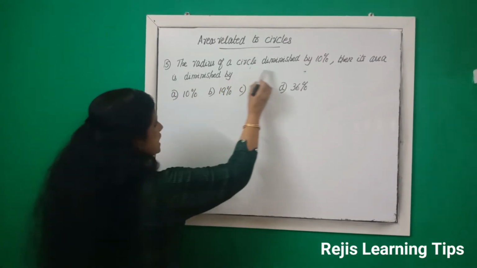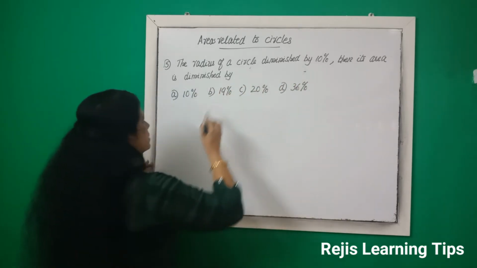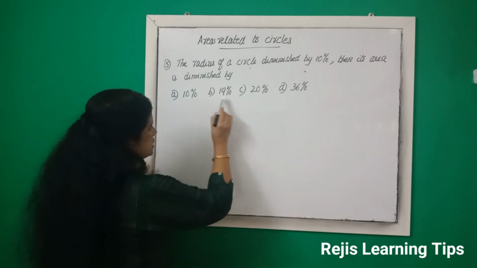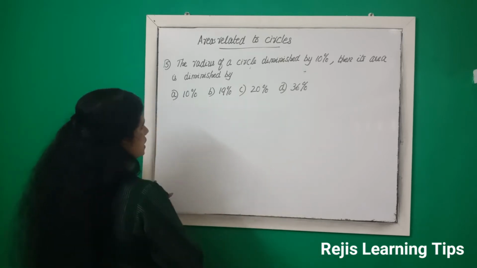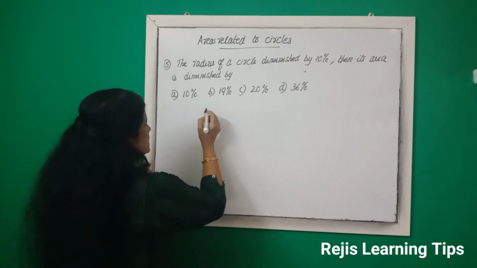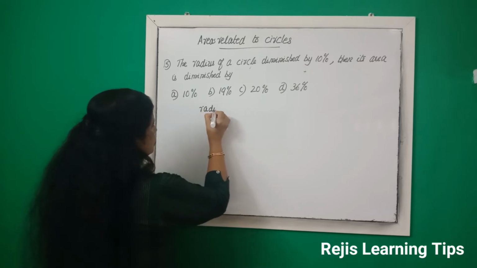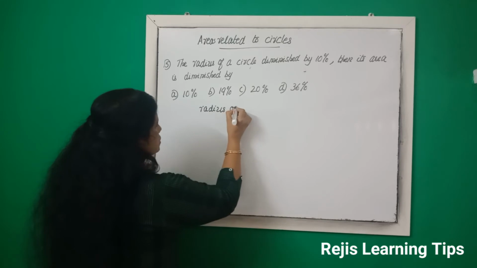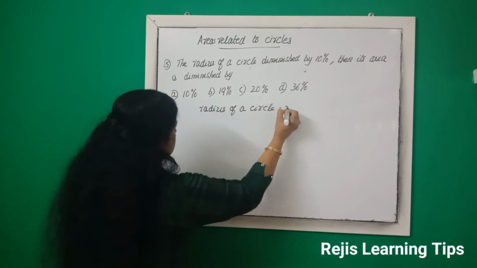The radius of a circle diminished by 10%, then its area is diminished by 10%, 19%, 20%, or 36%. Radius of a circle, that is r.